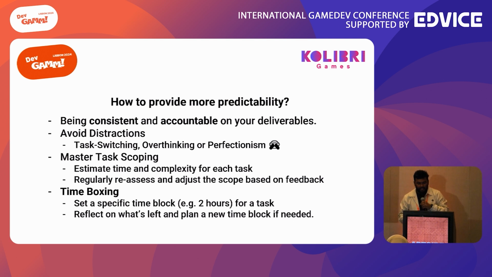It's fine. And also you need to be a master at task scoping. Estimate time and complexity for each task, and also regularly reassess and adjust the scope. Whenever you assess something, you figure out, oh shit, this is legacy code and I cannot do it the way I thought, because maybe you never touched that code, or maybe it's written by some noob, or by someone you hate but cannot tell.